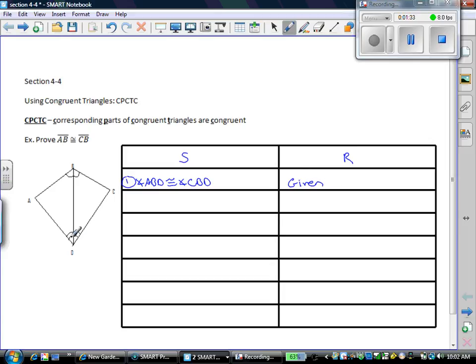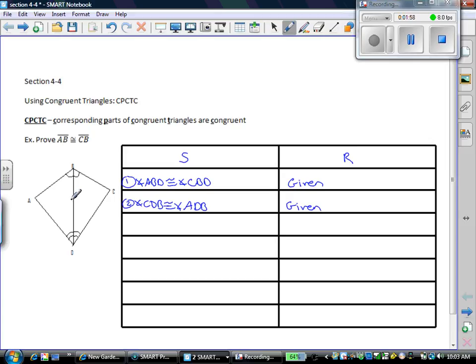Alright, we also have these angles down here. Given angle CDB congruent to angle ADB. Alright, now we have to think about what we could add to our picture.